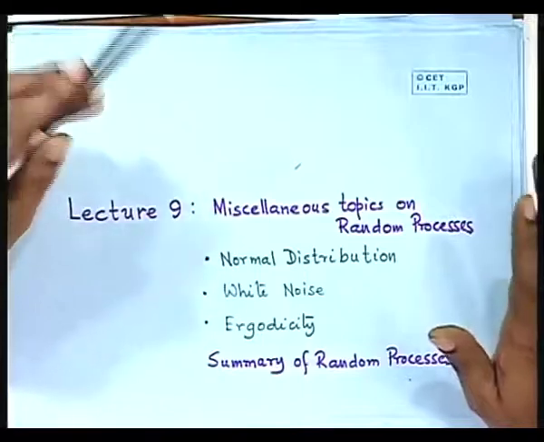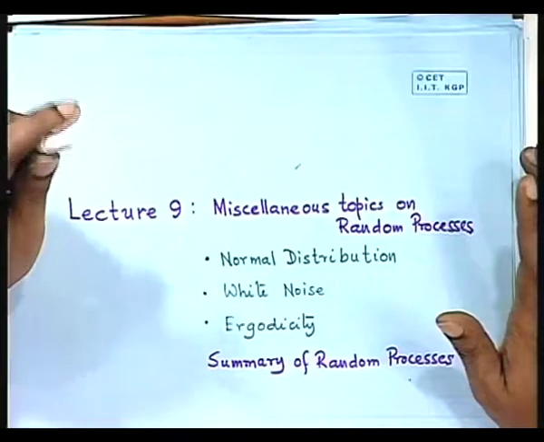So we did that. After that, we did solve some problems in lecture 8, and finally we reviewed some very important special topics on random processes before actually going on to an estimation problem.